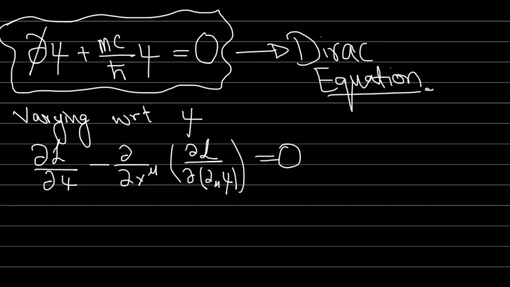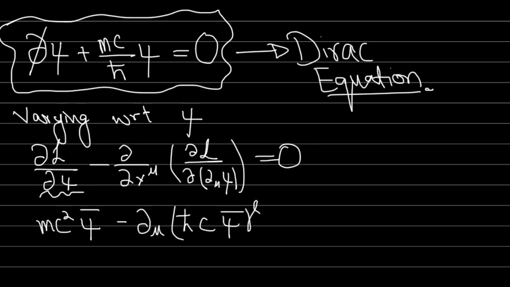Now, once you go ahead and solve this equation, this gives you mc squared psi bar minus partial mu times h bar c psi bar gamma mu is equal to 0, right?